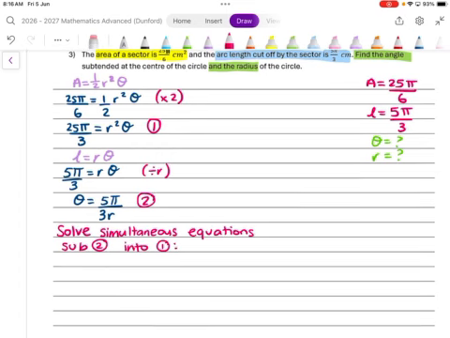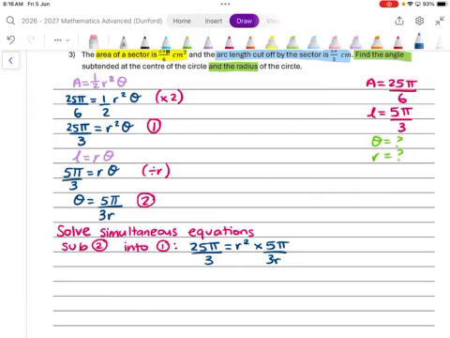So wherever I have a theta in equation 1, I'm going to replace it with 5 pi over 3r. So what I will have is 25 pi over 3 is equal to r squared times 5 pi over 3r. All I've done is replace my theta in my first equation with 5 pi over 3r.